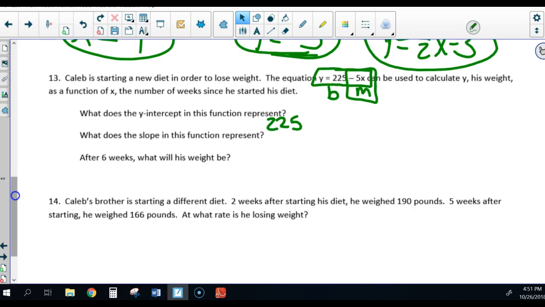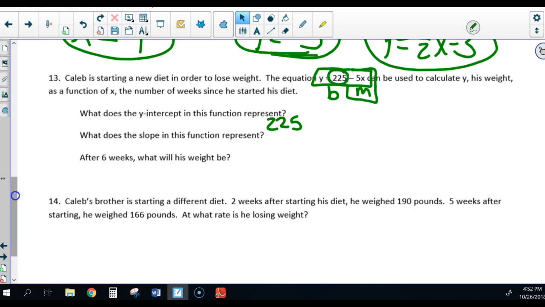So my y-intercept is 225. That has something to do with his weight. He's trying to lose it. So if I know that x is the number of weeks, then we can kind of figure out that every time x gets bigger, we multiply another -5, he is losing 5 pounds every week. That's why it's minus 5x.